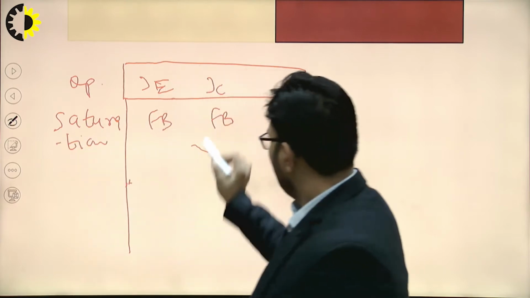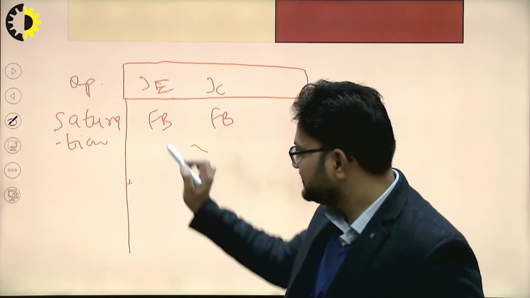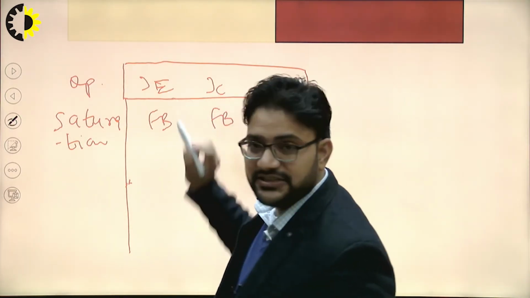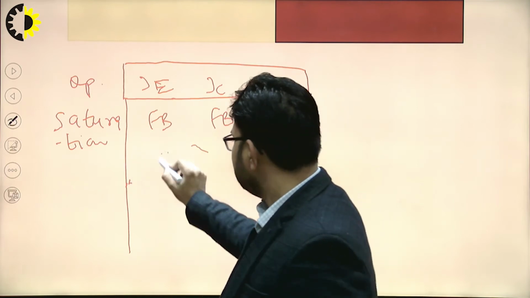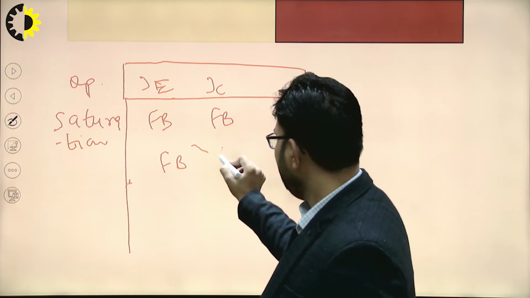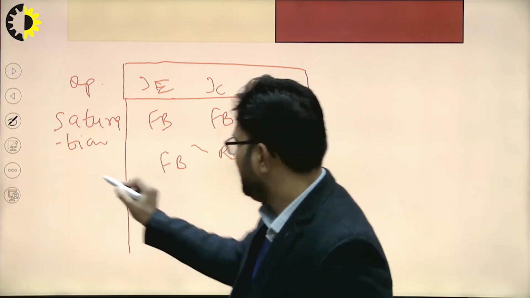Both the junctions are forward bias, it means that the transistor is working in the saturation mode. If the emitter base junction, that is JE, is forward bias, and the collector base junction is reverse bias, it is said to be active mode.